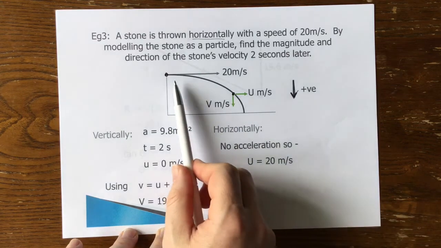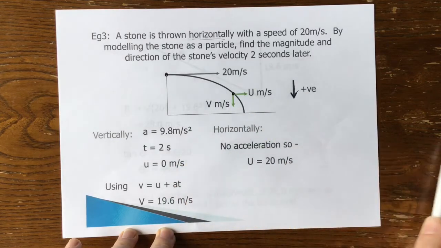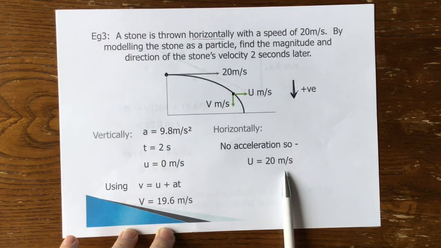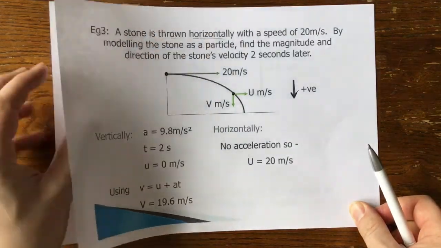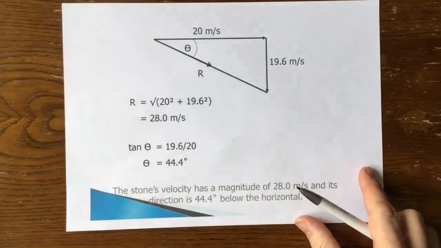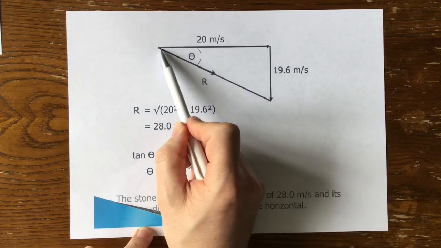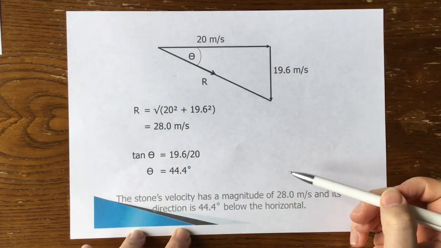Horizontally, we say the horizontal velocity is always 20 meters per second, it just keeps going across here. So this component u is 20. Now again, if we use Pythagoras' theorem and trigonometry on that, here's what happens. It's going 20 meters per second to the right, it's going 19.6 meters per second down.